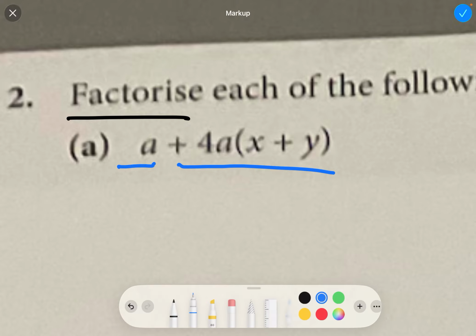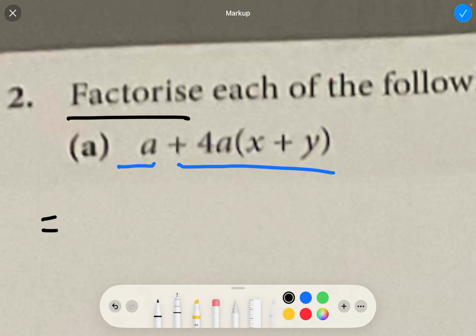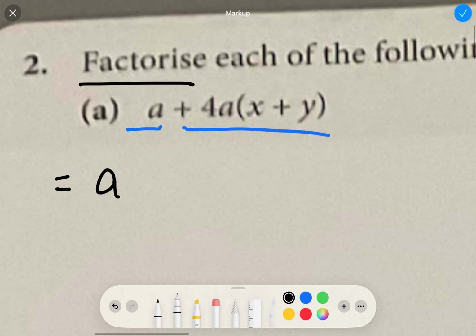We want to factorize. We factorize out the A. And when I factorize out my A, what will be left behind will be a bracket. I started with two terms. I must have two terms inside. So what are the two terms? The first one, A divided by A, 1.